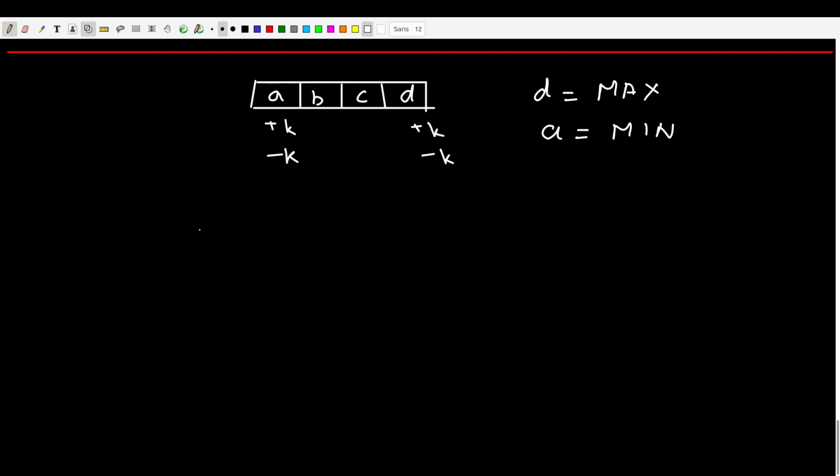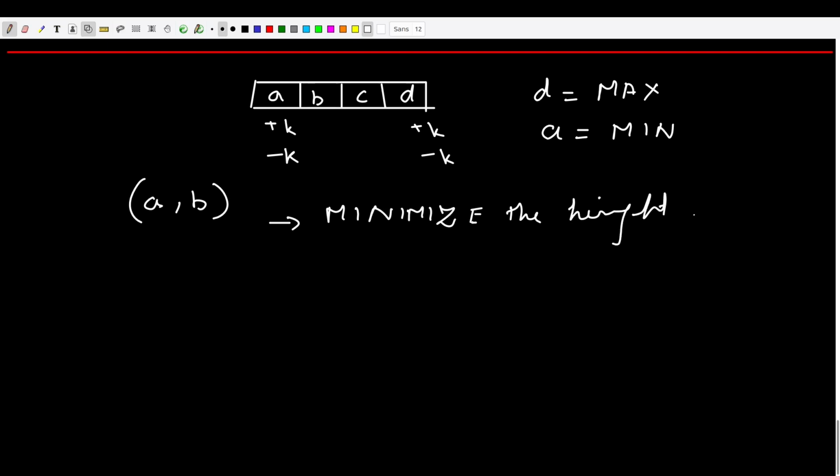Now we don't really have to worry about A and D. Let us say we are taking any two adjacent elements, A and B. Our objective is to minimize the height, I'm so sorry, minimize the height difference by performing the operation, which is to increase or decrease.